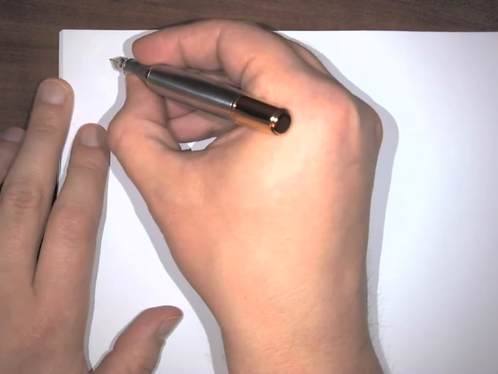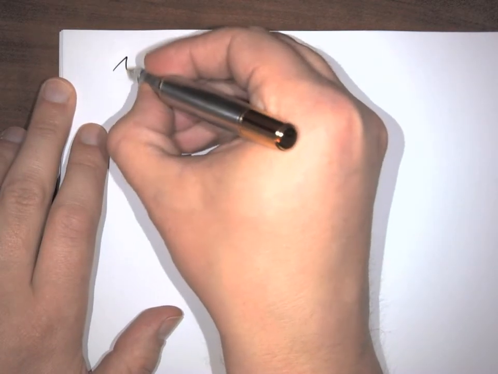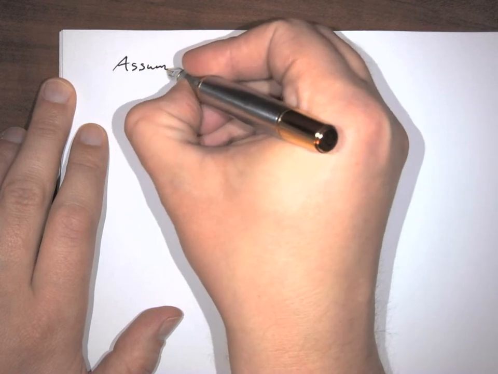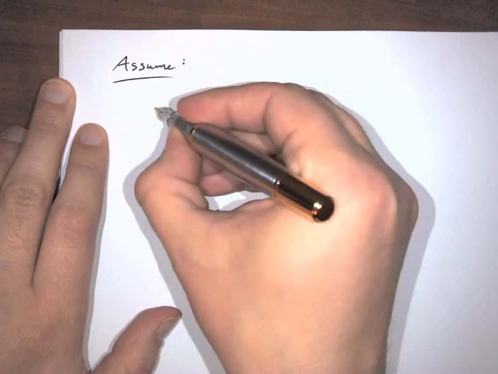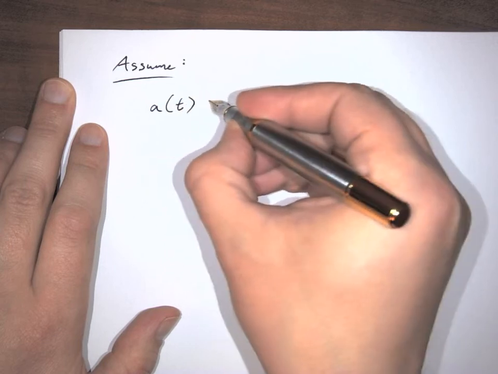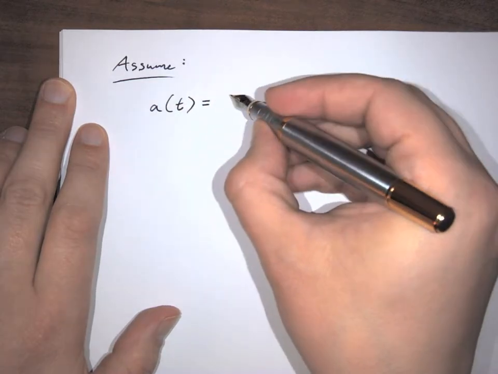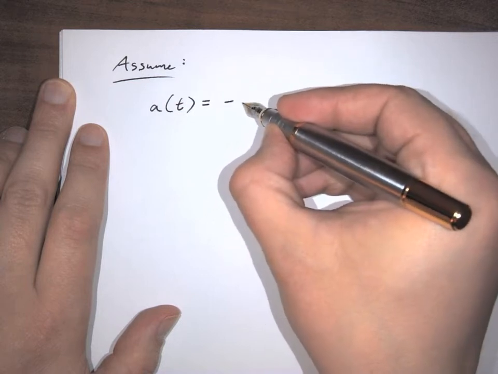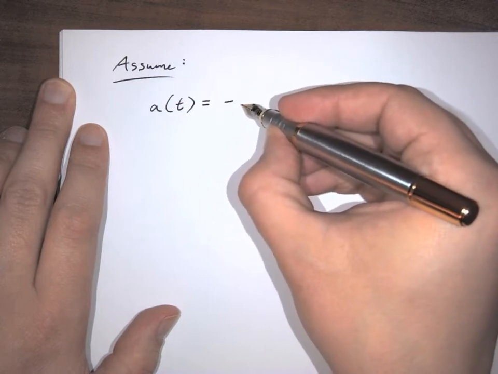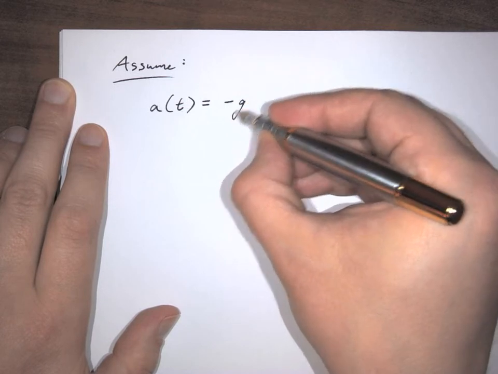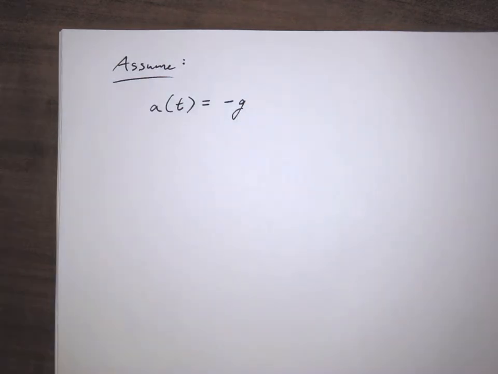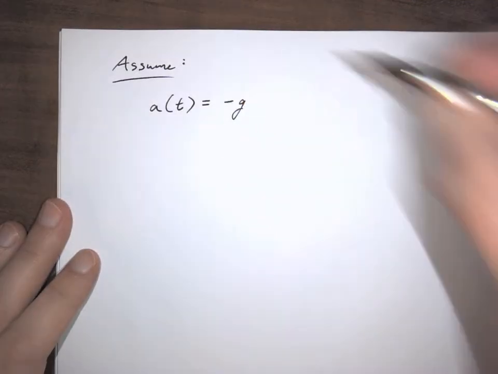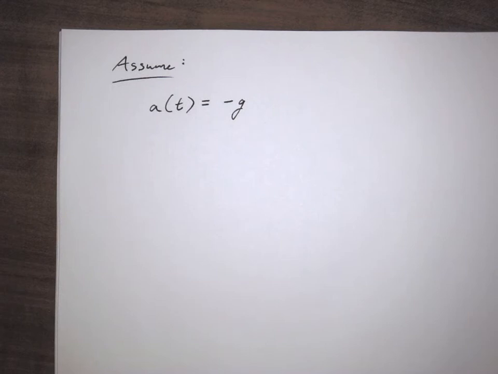So here, if we assume that the acceleration is going to be a constant, and here specifically we're going to orient all of our motion in an upwards direction, which means that the acceleration, being a downwards force from gravity, is going to be negative, and then g is going to be the constant of gravitation, which in the case of Earth would be 9.8 meters per second.